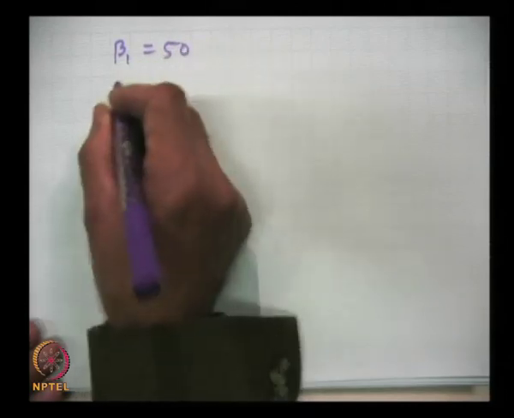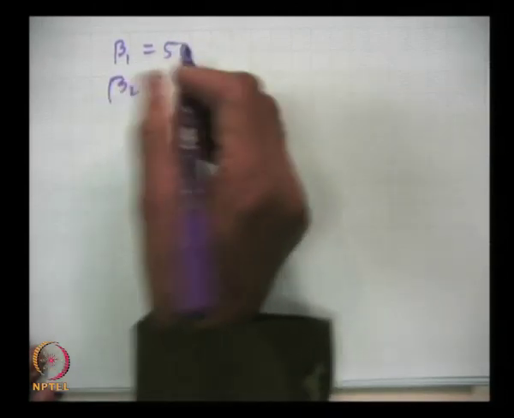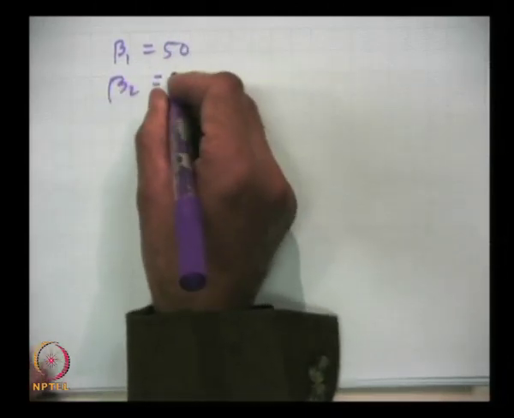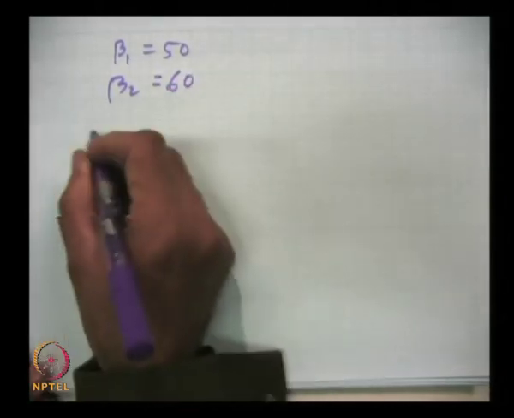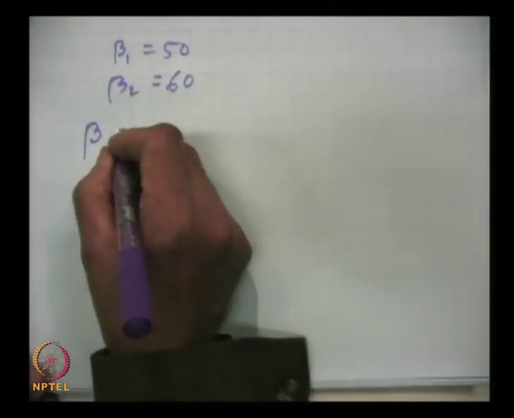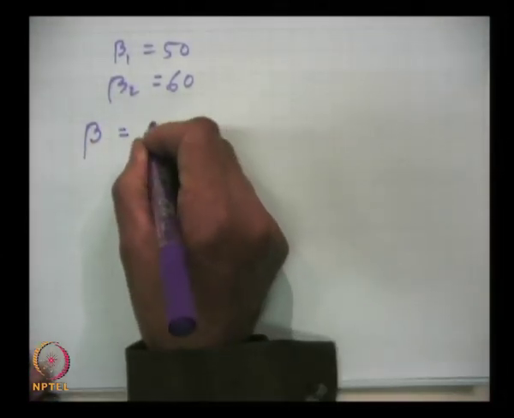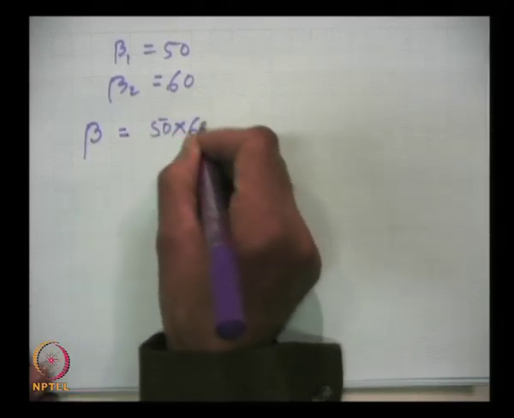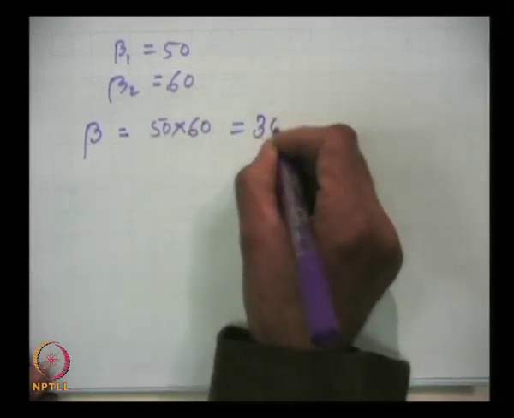As an example, let beta 1 be 50 and beta 2 be 60, then for this Darlington pair, the current gain will be equal to 50 into 60, which is 3000.